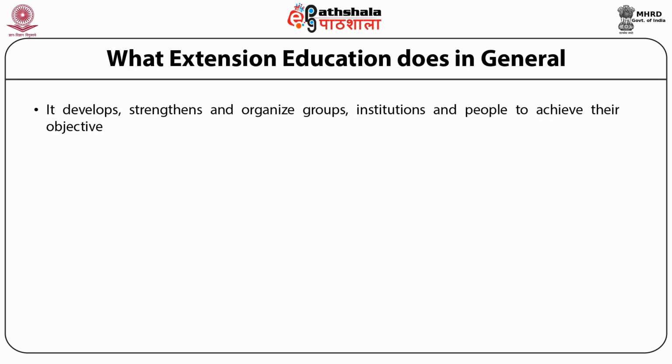When we look into the approaches of extension like cooperative societies, group approach, participatory approach, self-help groups, farmers interest groups, etc., all these efforts are aiming at building an institution. Through these institutions, they develop or promote development thinking and ultimately achieve the intended development. So, in this direction, extension is always in support of building these institutions.